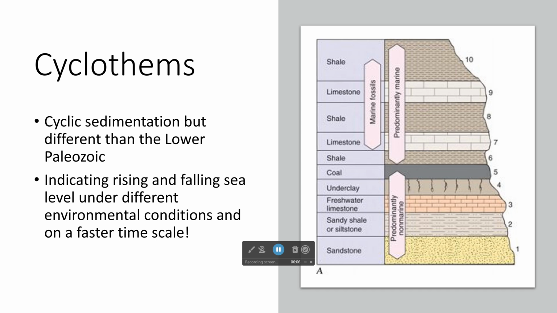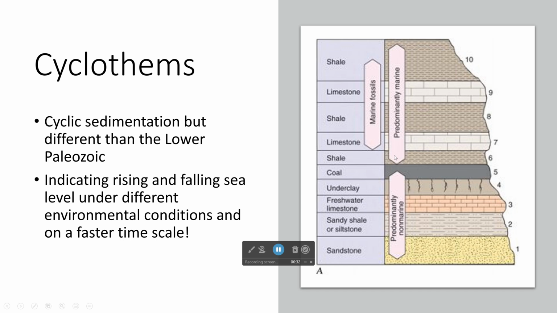So on the right here is an image of one of these typical cyclothems. It still starts with a basal sandstone, but these are predominantly non-marine sediments. So we're seeing a shallowing sequence where we have sandstone, sandy shale to fine siltstone, freshwater limestone, and then coal. Then this is overlain by predominantly marine deposits.